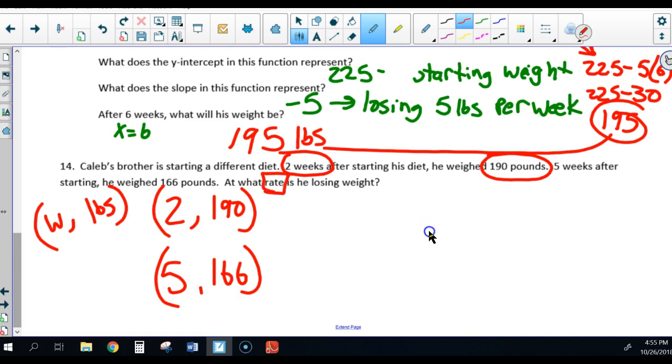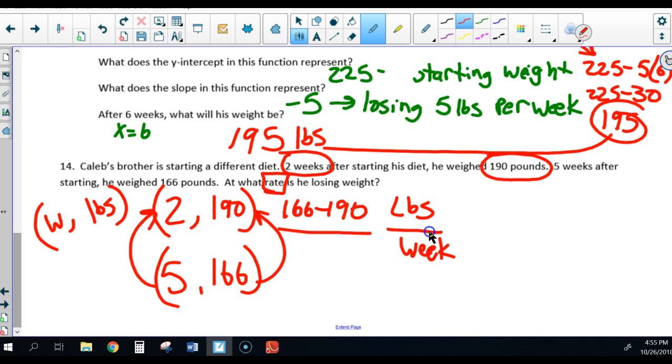We haven't talked about that a lot yet, but at what rate is he losing weight? Well, we need to figure out how many pounds he's losing per week. So if I do the slope formula, 166 minus 190 divided by 5 minus 2 weeks, we can tell he has lost 24 pounds. So negative 24 in 3 weeks.